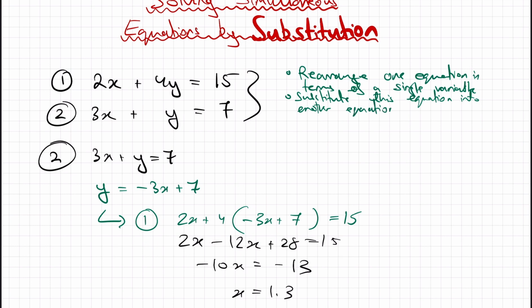If we had a triple simultaneous equation, we'd have to substitute multiple times, but we'd still end up eventually with a single variable, until we have an equation in a single variable.